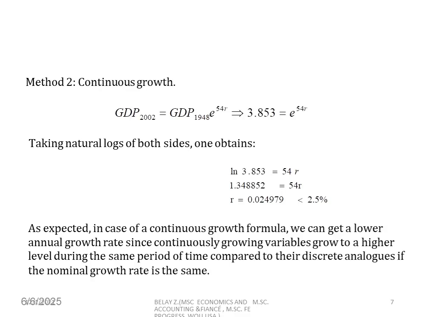R is equal to 0.02479, less than 2.5%. As expected, in the case of the continuous growth formula, we get a lower annual growth rate, since continuously growing variables grow to a higher level during the same period of time compared to their discrete analogues if the nominal growth rate is the same.